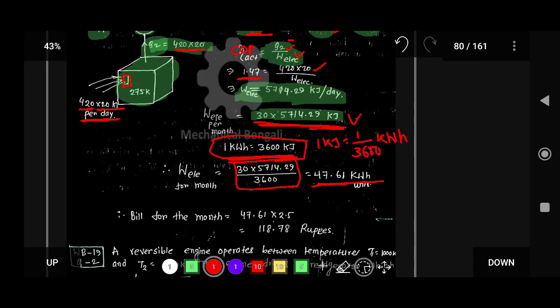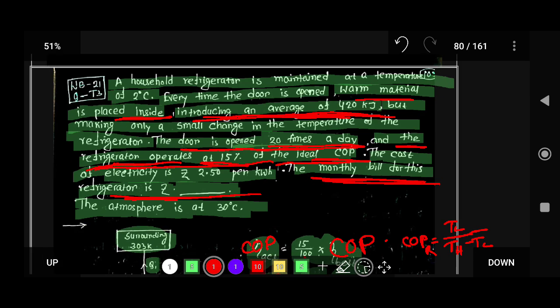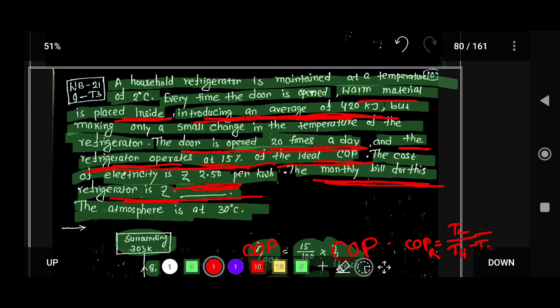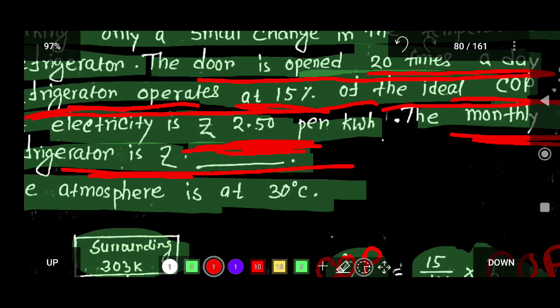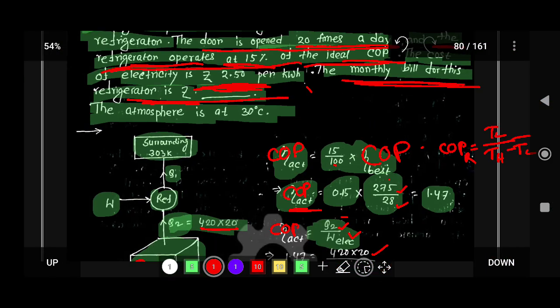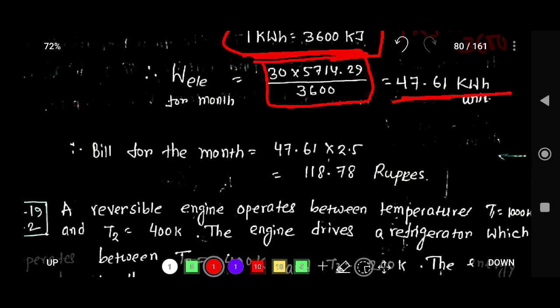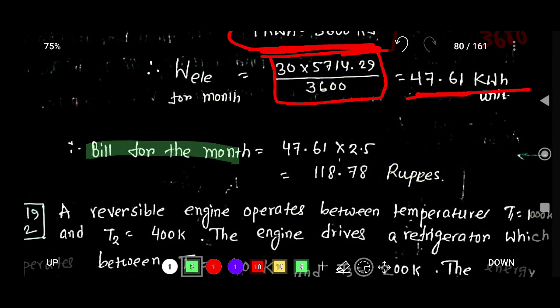Now in the question, the price per kilowatt hour of electricity is rupees 2.50. To calculate the bill for the month, the total units are 47.61 and the price per unit is rupees 2.5.